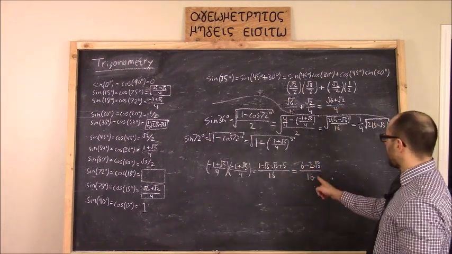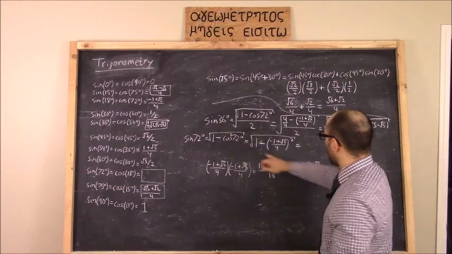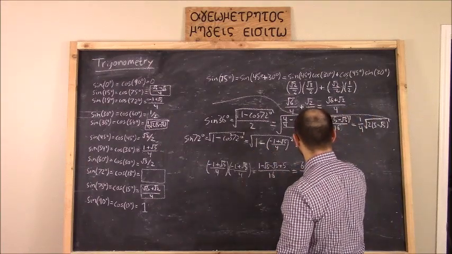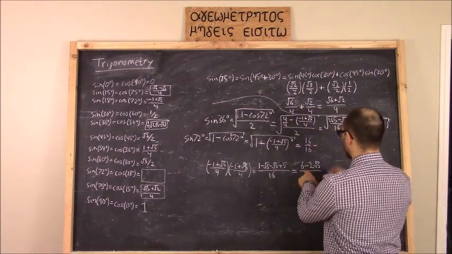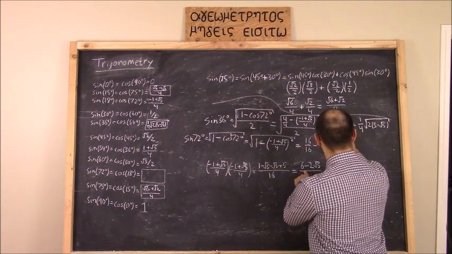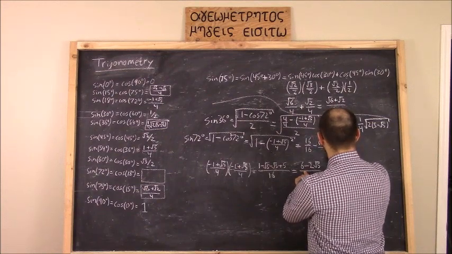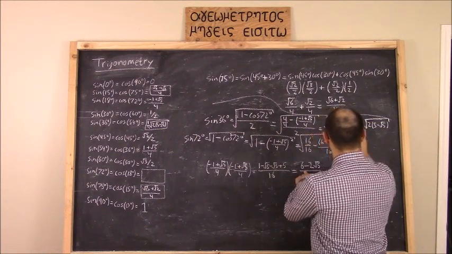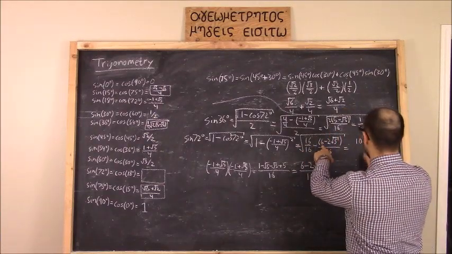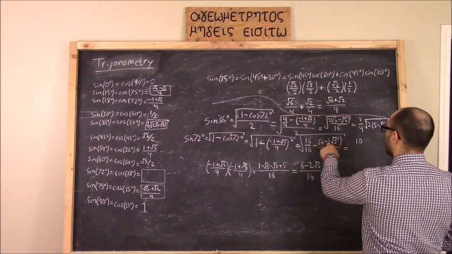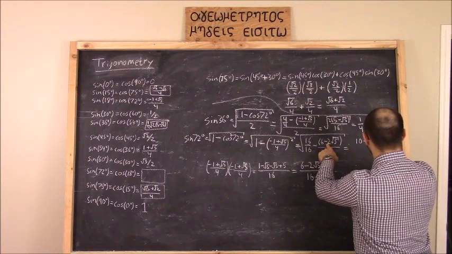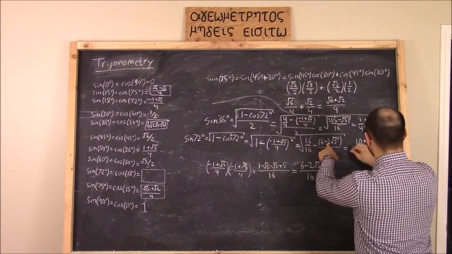All right, so to bring it back up here, well, 1, let's get a common denominator. 16 over 16 minus this guy. 6 minus 2 root 5 over 16. All right. 16 minus 6 is a 10. And negative times negative gives me a positive 2 root 5 over 16.